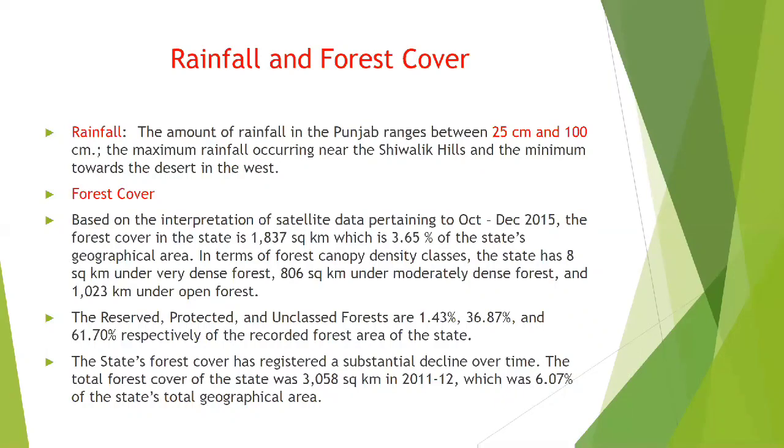In terms of forest canopy density classes, the state has 8 square kilometers under very dense forest, 806 square kilometers under moderately dense forest, and 1,023 square kilometers under open forest. The reserved, protected, and unclassed forests are 1.43%, 36.87%, and 60.70% respectively of the total recorded forest area of the state.